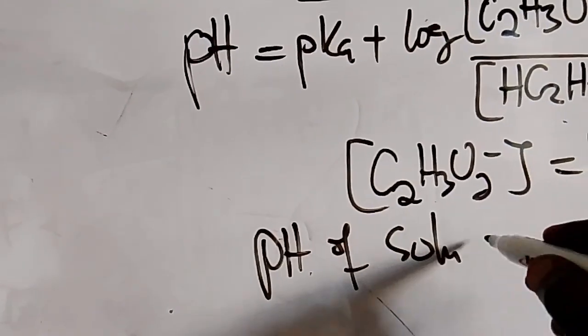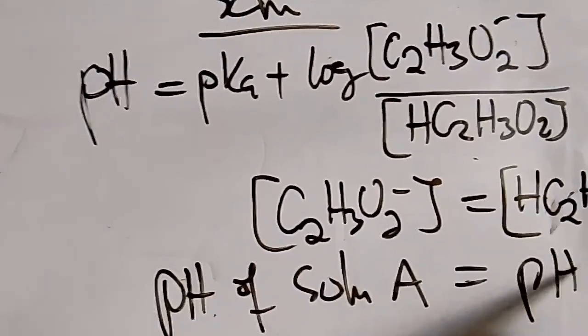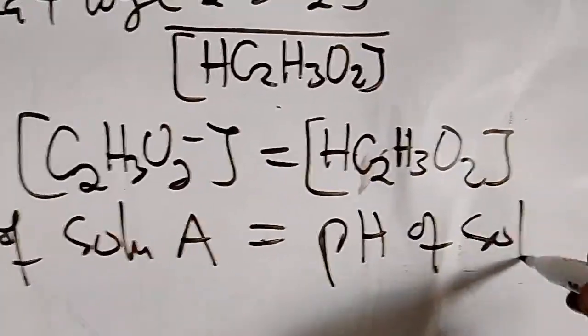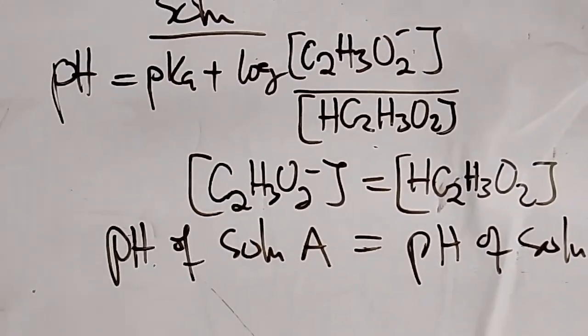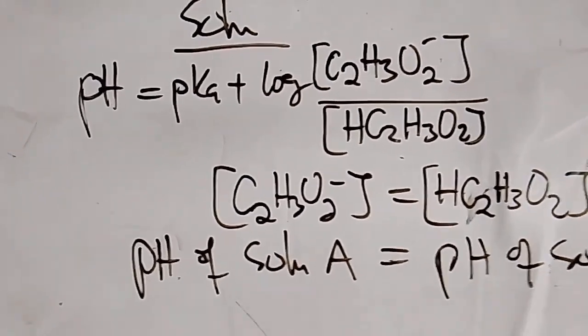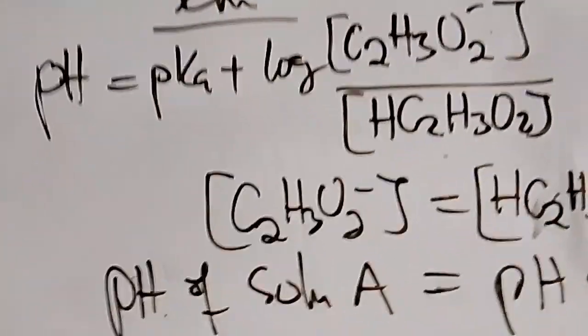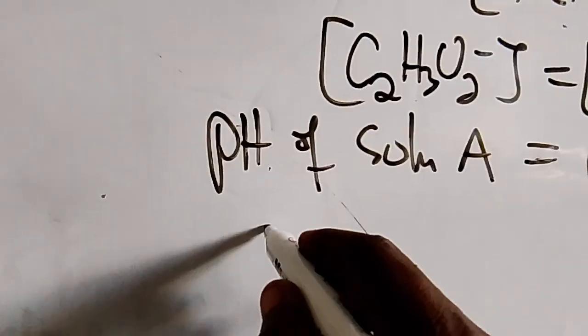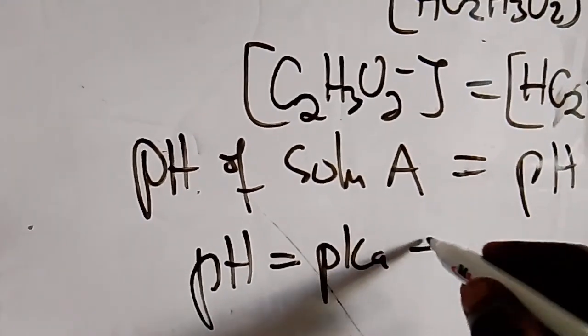So the pH of solution A is equal to the pH of solution B, since in both cases the ratio is 1, and log 1 is equal to 0. So pH is equal to pKa.